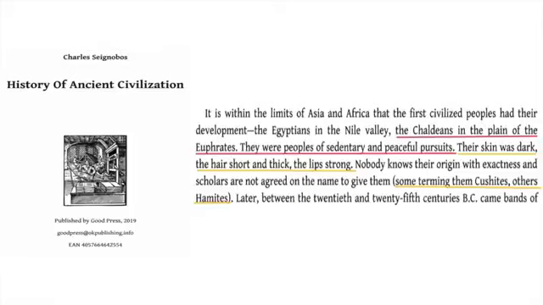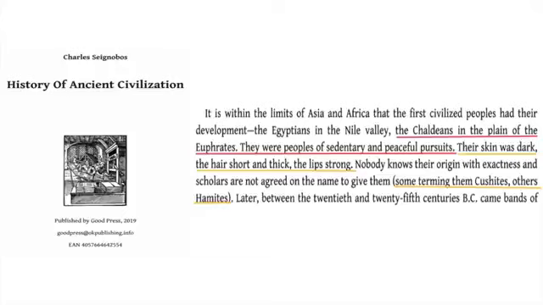And let's look at more quotes dealing with Chaldeans. This is from History of Ancient Civilization by Charles Seignobos. The Chaldeans in the plain of the Euphrates were peoples of sedentary and peaceful pursuits.